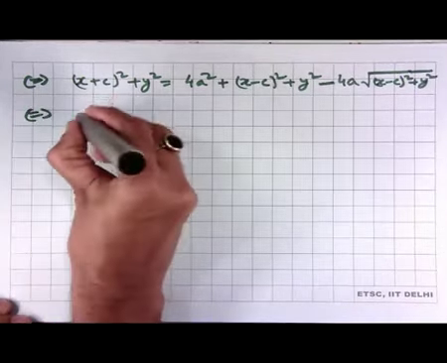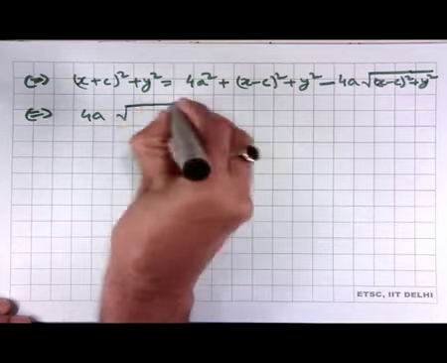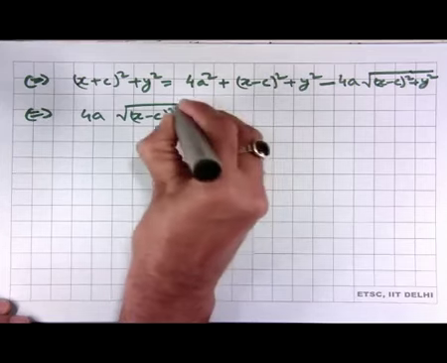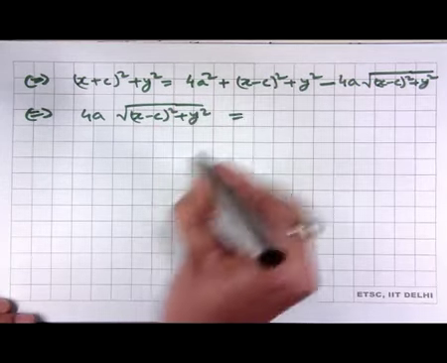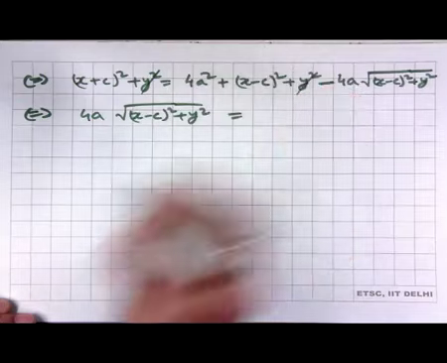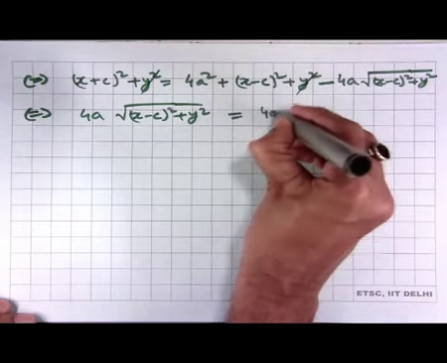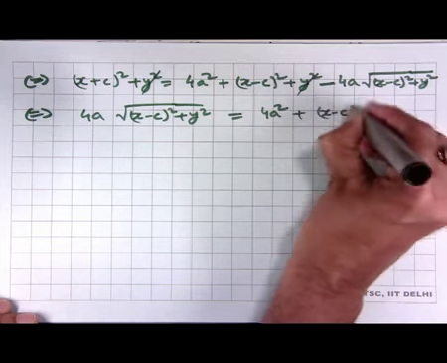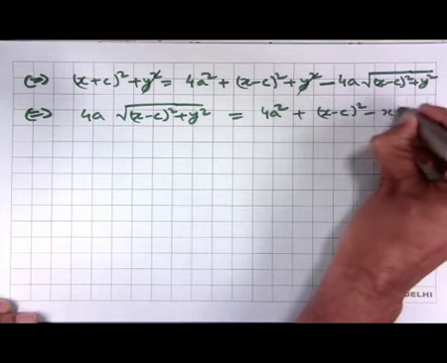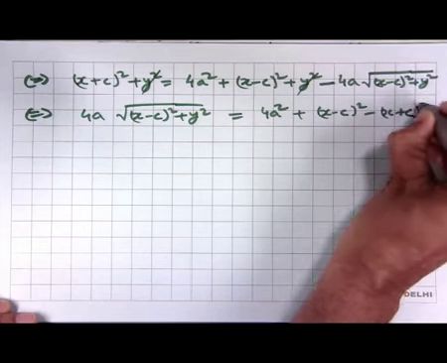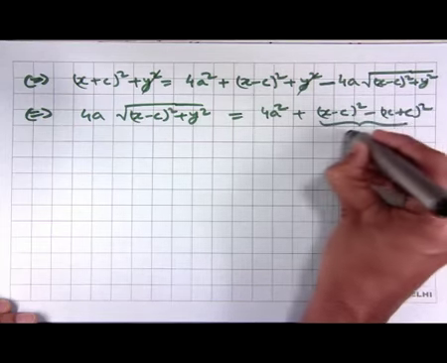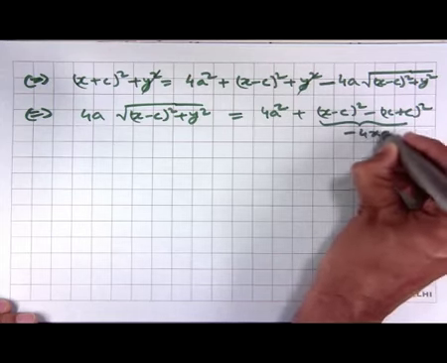This means 4a times square root of (x minus c) square plus y square is equal to, see, y square cancels, so 4a square plus (x minus c) square minus (x plus c) square. This is equal to minus 4xc.